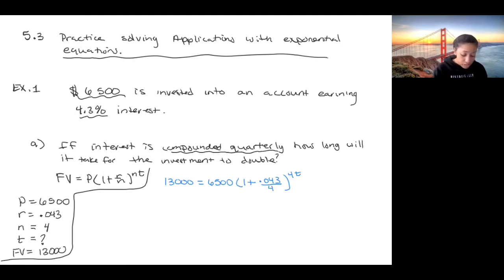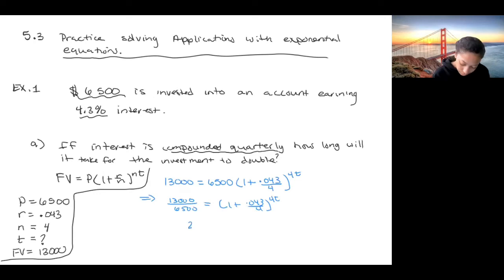The very first thing you need to do, though, to solve a problem like this would be to divide both sides by 6,500. So we'd have 13,000 divided by 6,500 equals (1 plus 0.043 over 4) to the 4t power. All right. Couple places here where you can simplify. 13,000 divided by 6,500, that's just 2.